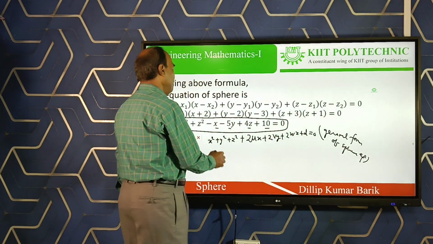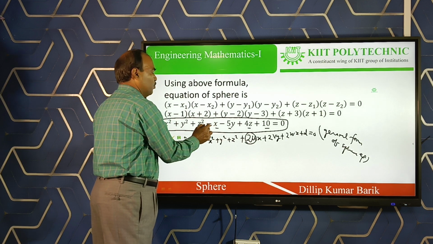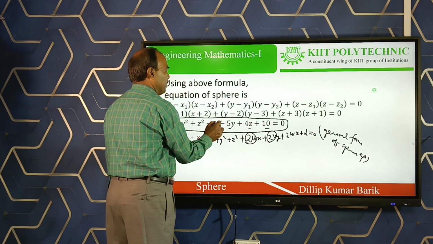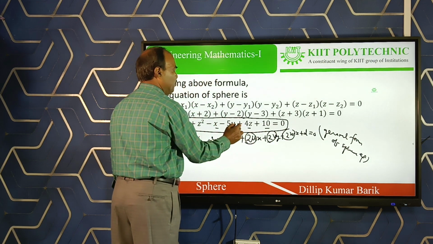Clearly, if you compare, the x coefficient is 2u, here minus 1; the y coefficient is 2v, here minus 5; the z coefficient is 2w, here 4.